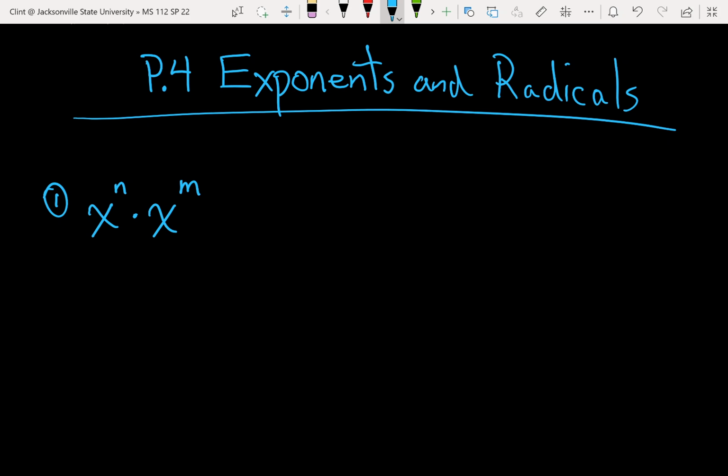But then they have different exponents up here. We want to multiply them together. We've got a rule for what we're supposed to do with the exponents. Anybody remember what we do with the exponents? We add them, yes. And the general way we would write that down is x to the n plus m.